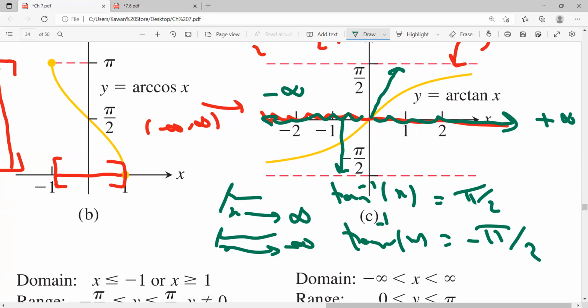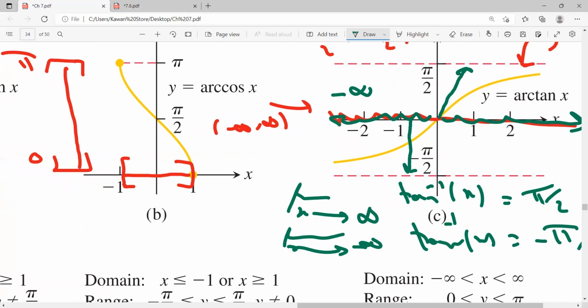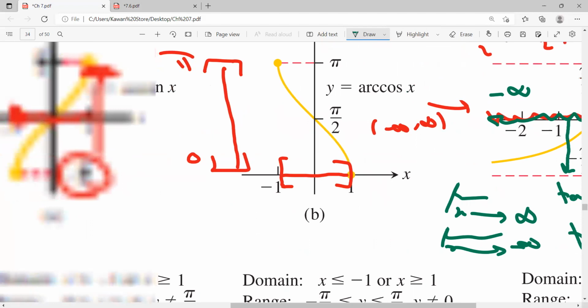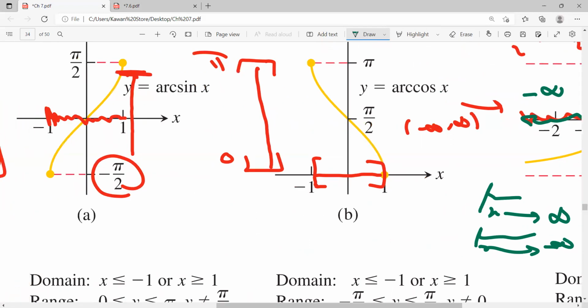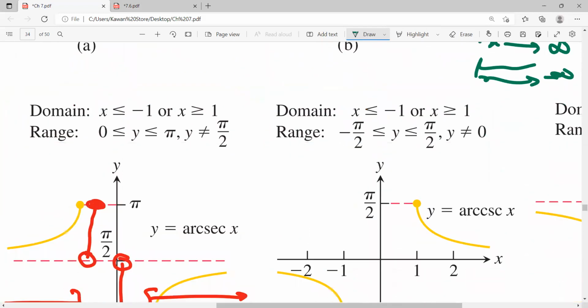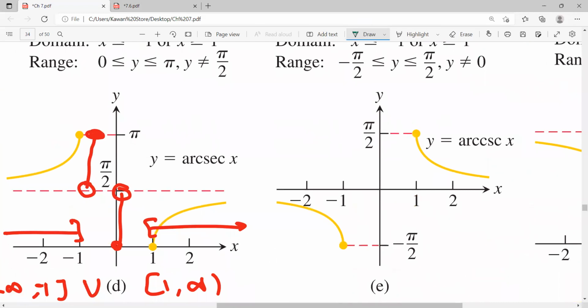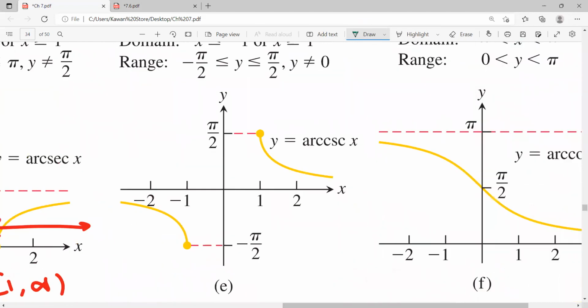Easy. So tell me about a limit, for example, here, whatever you want. For example, here, arc cosecant. I say the limit as x approaches infinity, for example, of cosecant inverse of x. Whatever you like.